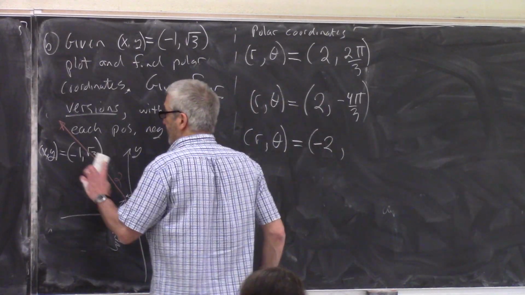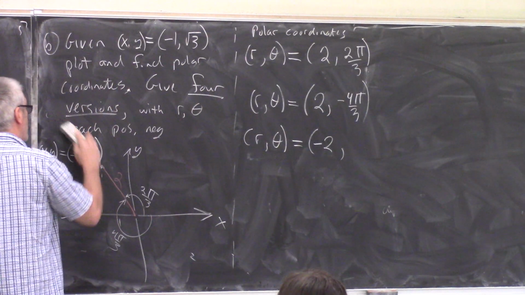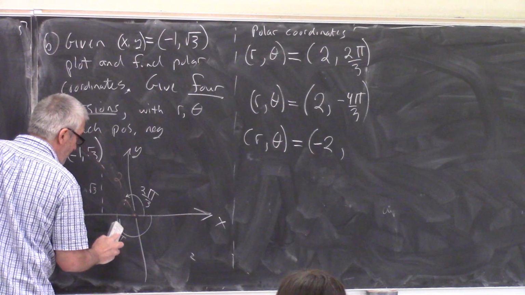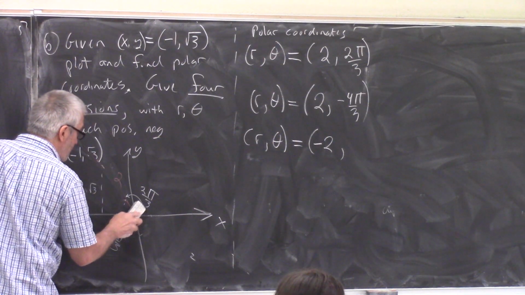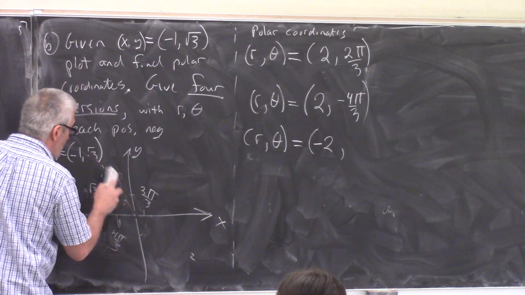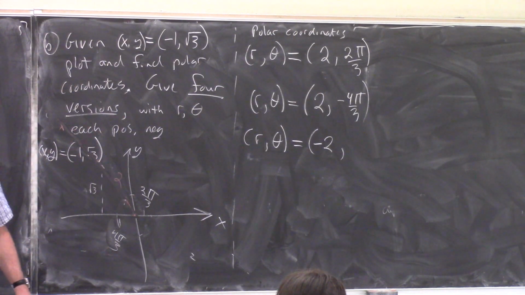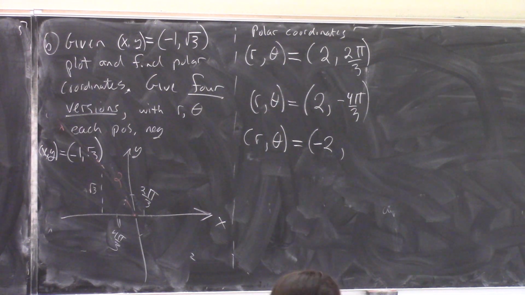But let's think about our picture. Let's erase this nice red ray. Well, let's think about it. We have to have r sitting on that back ray, which has got to be green.